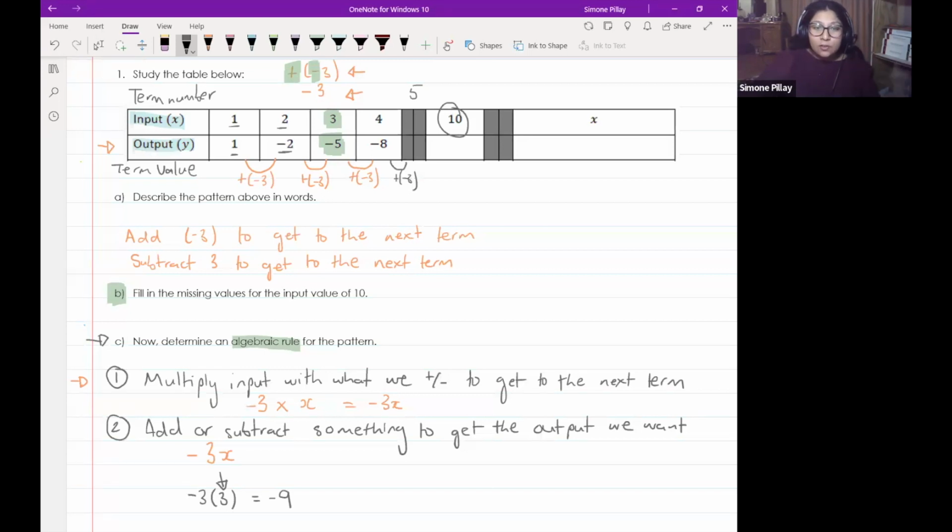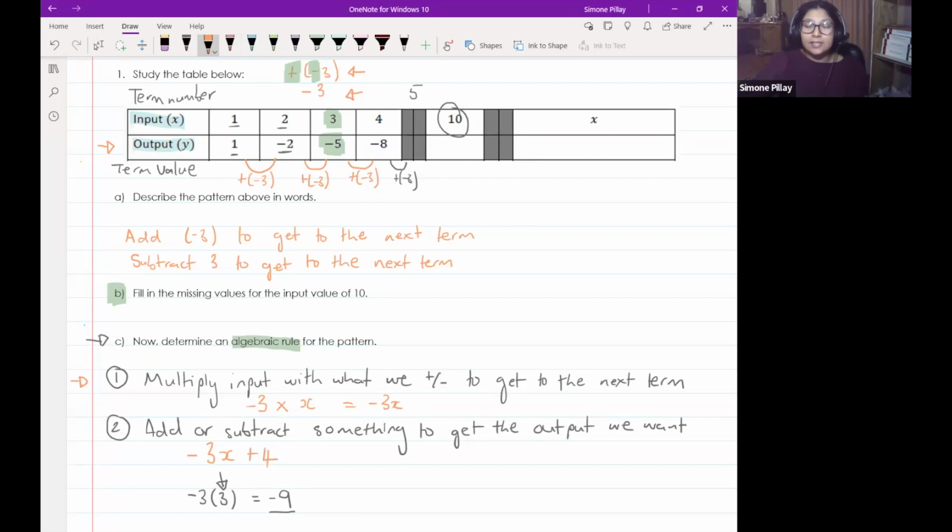So I can see so far what I've gotten is I only have -9. And so what I have to do in the second part is add or subtract something to get the output we want. So from -9, guys, what do I have to do to get -5? +4. Thank you so much, Tando. 100%.